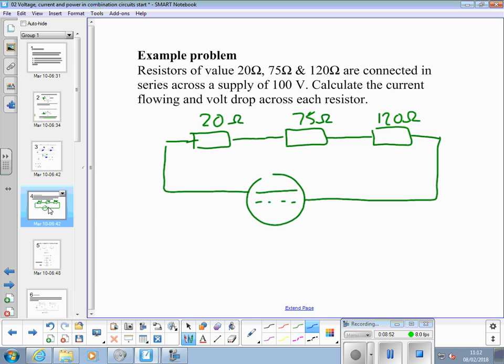We put an arrow on the source, E, and that means the current flows that way. We've been asked which direction to put the voltage arrows for the volt drops across the three resistors. We'll call them V1, V2 and V3.